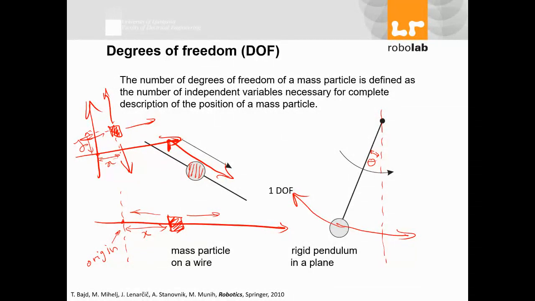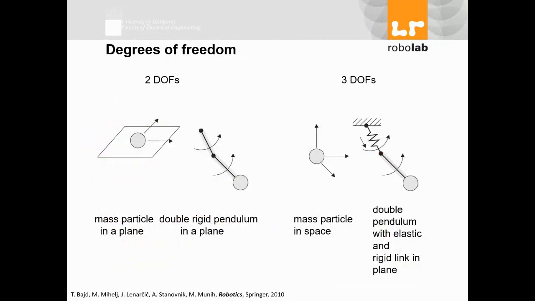For example, if instead of having one linked pendulum, you have a two-arm pendulum like this, in that case, you have two angles, depending on how you define it.